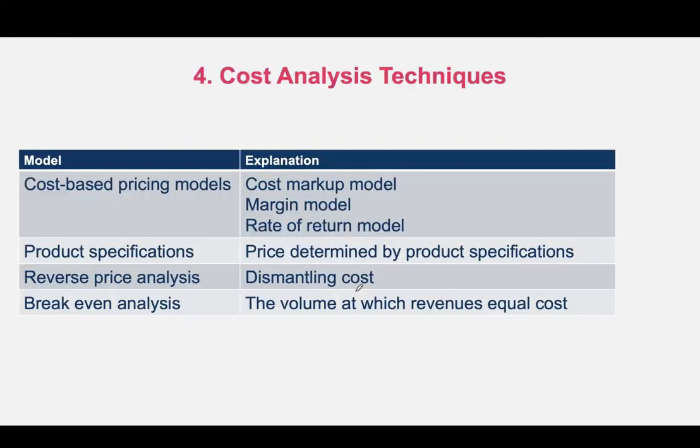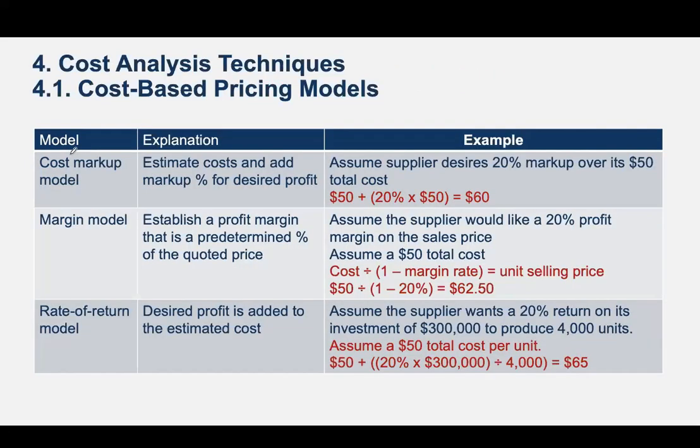The fourth technique is called the cost analysis technique. In the cost analysis technique, you make a decision about cost, whether the price being charged by the supplier is fair. In this model, there are two things. One thing is cost, and the other thing is markup. We know that the cost is a function of three things.